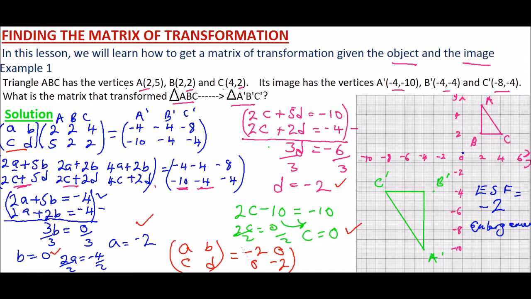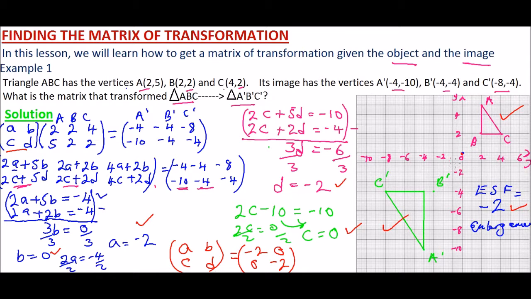So this is the transformation matrix that was used to transform this figure to this triangle, which you can see even the matrix is telling you. You can see we have minus 2 there. So that is what we defined as our enlargement scale factor. We said it is negative because it is enlarged on the opposite side of the center of enlargement, which is the origin.